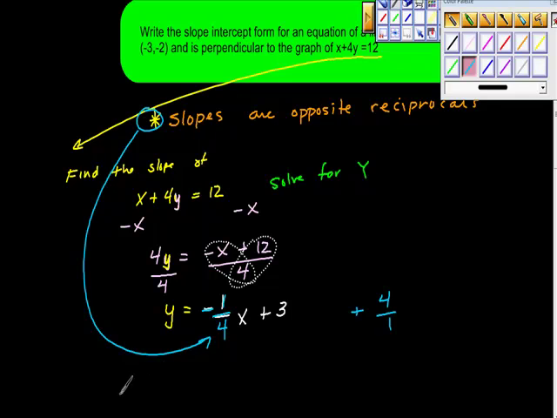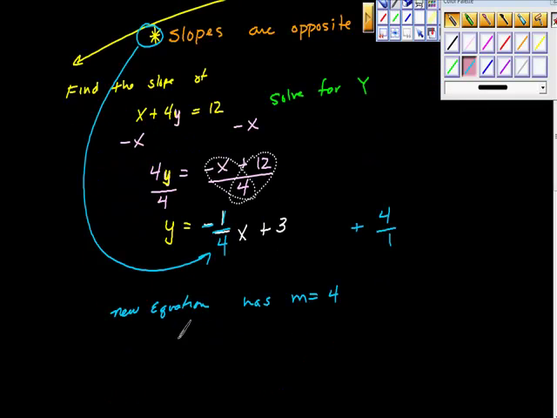So our new equation, the equation of the function we're looking for, has a slope m equals 4. Then I'm going to apply the point-slope theorem. If you remember, it's y minus y sub 1 is equal to m times x minus x sub 1.